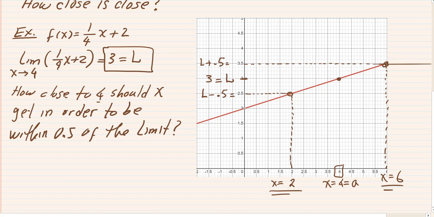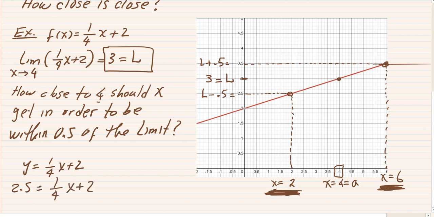Right? And we can actually now see where this number 2 on the x-axis comes from. Let's say y is a quarter x plus 2. I used the graph to find the 2 and the 6. I want to show you how to do it from the function. The value of the function is 2.5, and I want to find x.